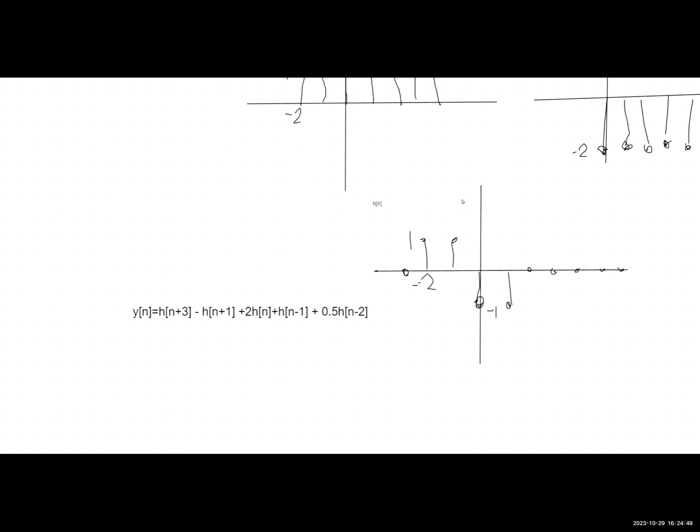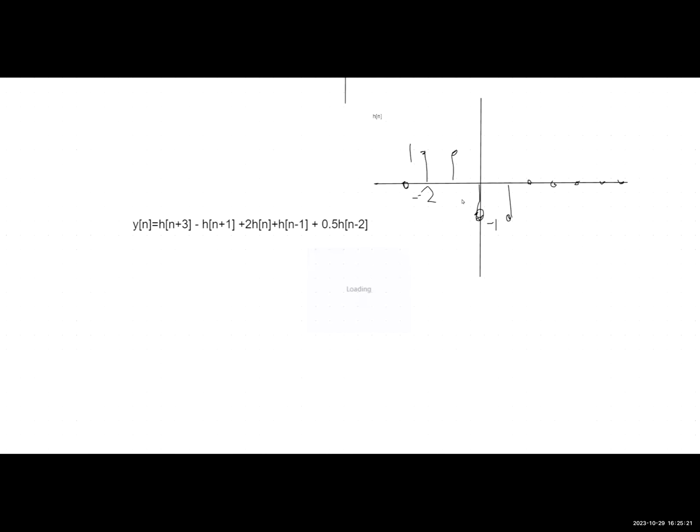So in the interest of time, what I'm going to be doing is pasting a lot of graphs into the whiteboard and explaining how they were generated. And I would highly encourage you guys to replicate the graphs at home. And so this is the graph for h of n plus 3.